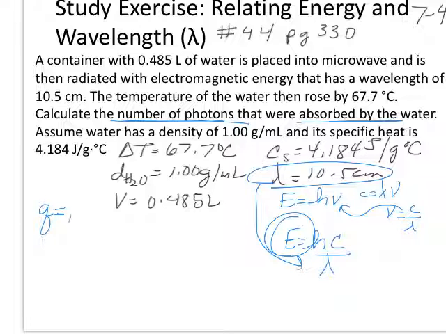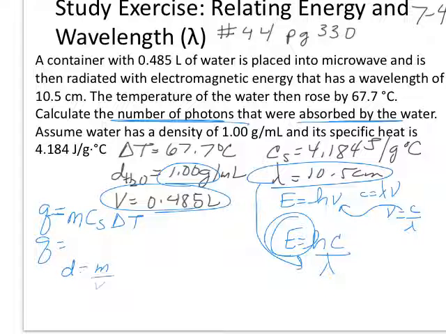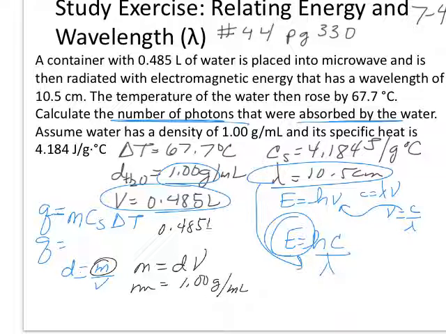So how we do that, we know the equation: mass times specific heat times delta T. So Q equals your mass. How do you get that mass? You got density of water and you got your volume of water. So in order to get mass, you're going to have to solve density equals mass over volume, and you're going to solve for M. So M equals D times V. M equals 1.00 gram per milliliter, and we need to convert the volume to milliliters, so 0.485 liters.